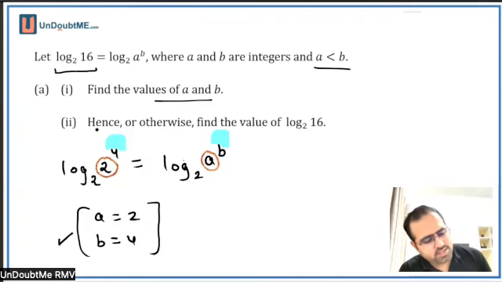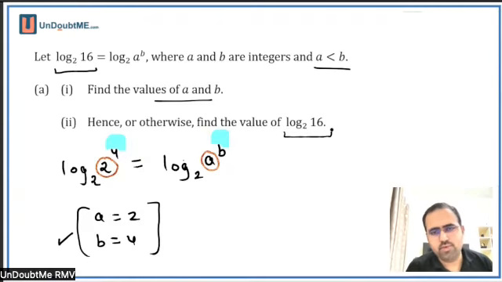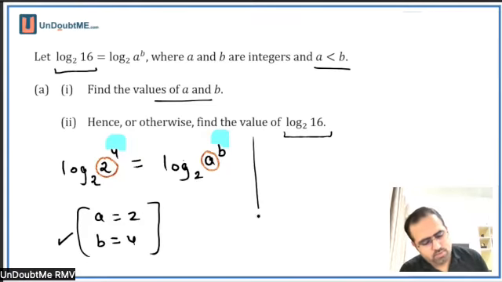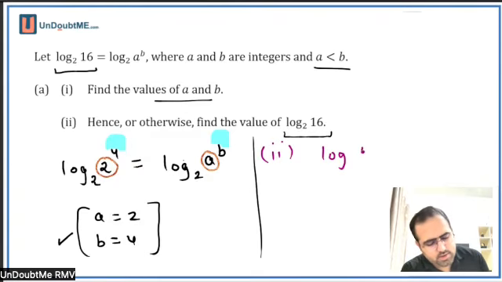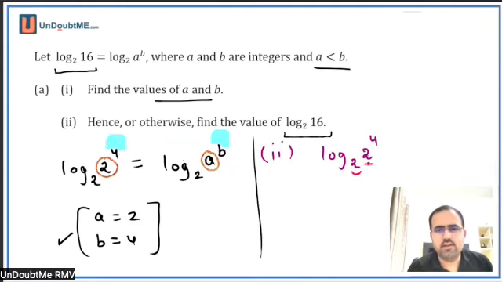And the next question: hence or otherwise find the value of log of 16 to the base 2. It will come as a byproduct. So we can write 16 as 2 to the power 4. We have to make sure that if possible, the base of the logarithm should be the same as this base.